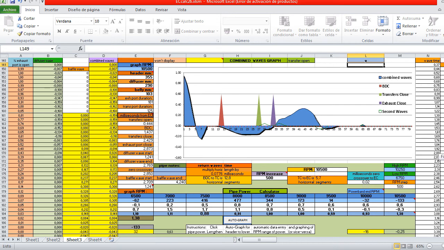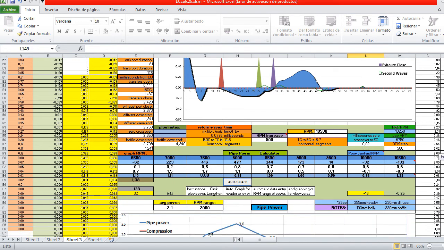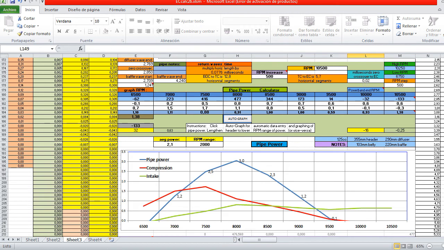And how I've done that is when it's pretty close to the middle of the exhaust wave, reducing its peak, it shows right here for each of these RPM what the result is of whether or not it's there. If nothing's there, it's going to be 1, which means it's not going to increase or decrease.